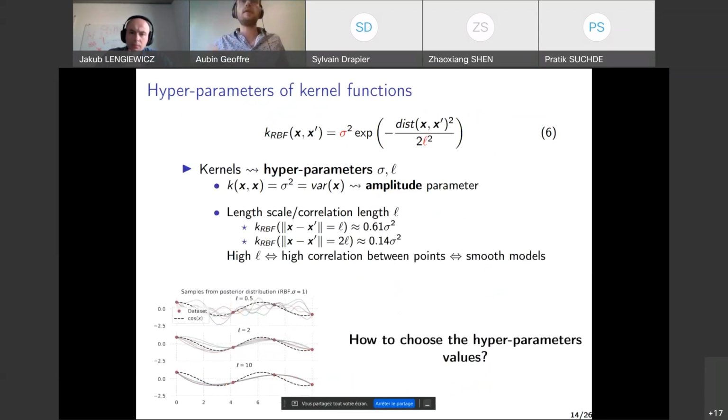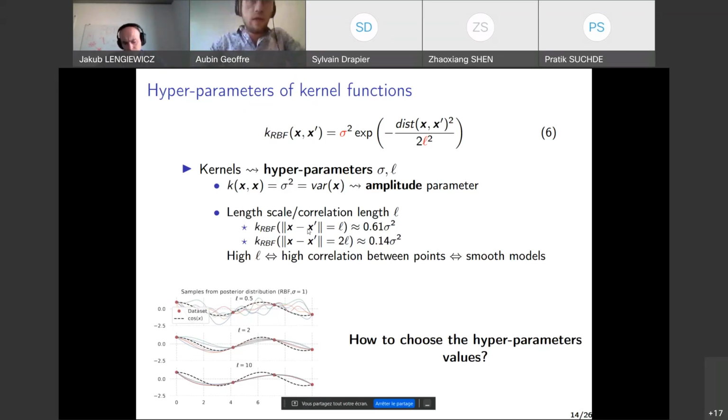But the problem is that if I go back to the kernel, the kernel is very central in the modeling, but it is defined with two parameters, sigma and L, that are the hyperparameters of our model. Sigma is not really significant here. It's basically the amplitude of the model. What is more interesting is the length scale or correlation length L that expresses the decay of the covariance. Basically, what is the characteristic length for the interaction of points?